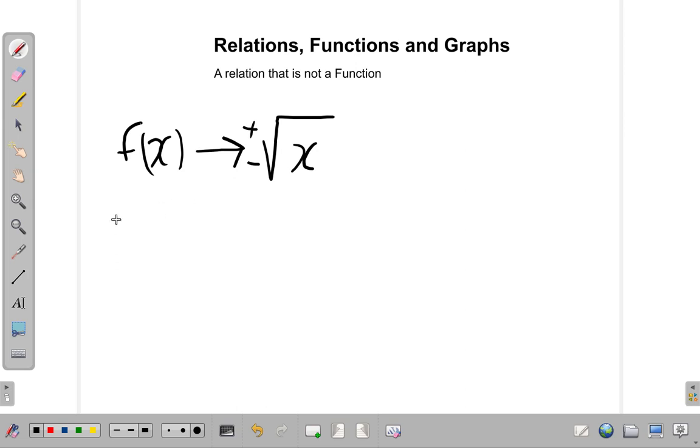Suppose you have x, let x equal 4. What is f of x? Now, remember, the square root of a number is another number.